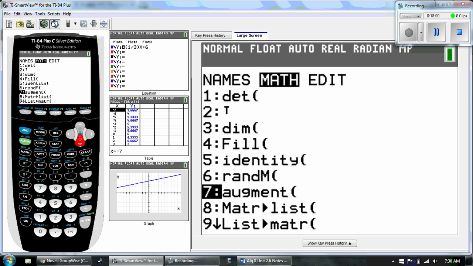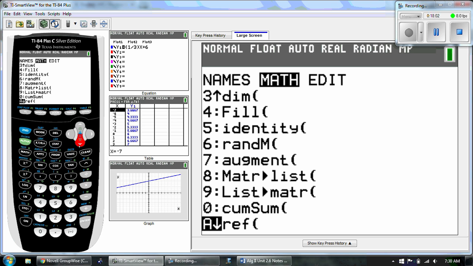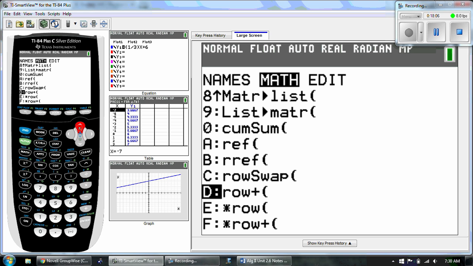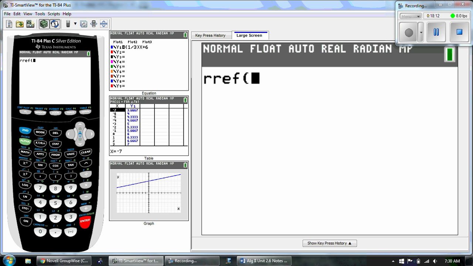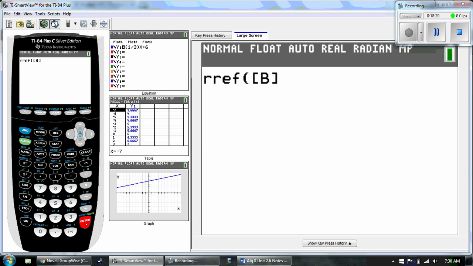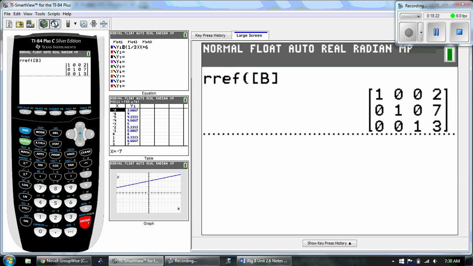I forget what it was called, but it's this RREF B. So there it is. Now that's my program, and I want this program to run B. So I'm just going to hit enter.